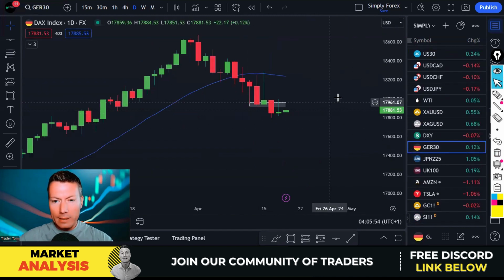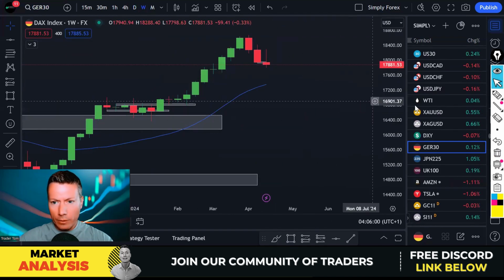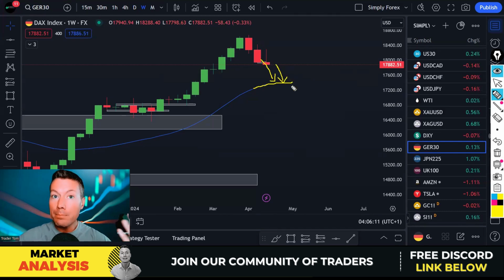We've got the DAX. This will tear your face off. If we start with the weekly, this still has lots of room down to that moving average 20 on the weekly. Okay, and price wants to get back to the moving average 20 because it is the mean, the average of this market. And then look at these candles.